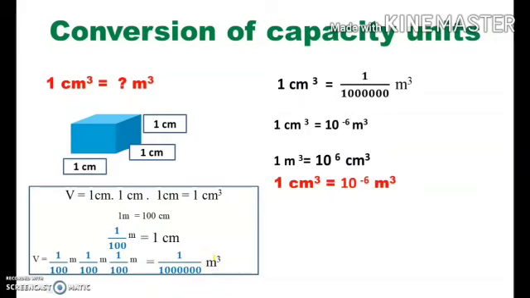Now we can write 1 centimeter cube basically equal to 1 over 1 million meter cube. We can also write 1 centimeter cube is equal to 10 to the power minus 6 meter cube.